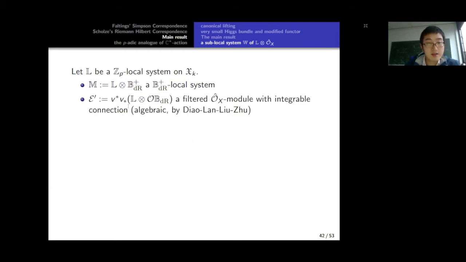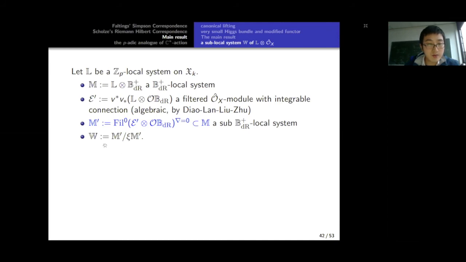Then by using ν lower star and then ν upper star, we can get a filtered O hat X module with integral connection. And this connection is actually algebraic, which was proved by Diao, Lan, Liu, Zhu, these four people. And (V', M') is the B_dR^+ log system attached to this E', which is a sub B_dR log system of M.